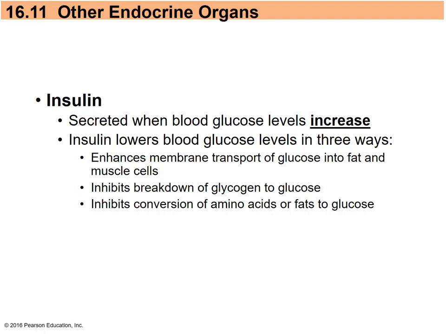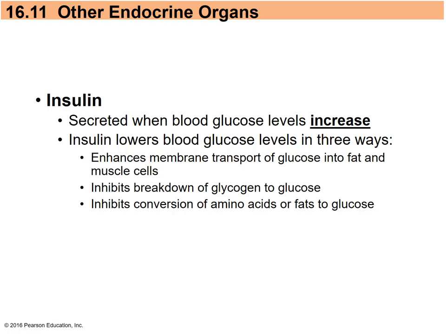How does insulin work? Well, number one, it does help enhance or increase the transport of glucose into fat and muscle cells. Because if the glucose goes into the cells, it's not in the blood anymore. It will inhibit that breakdown of glycogen to glucose.